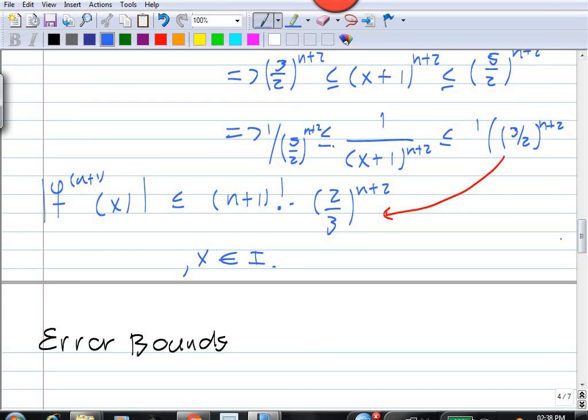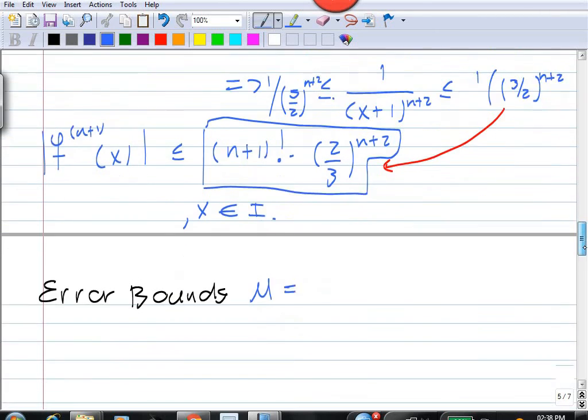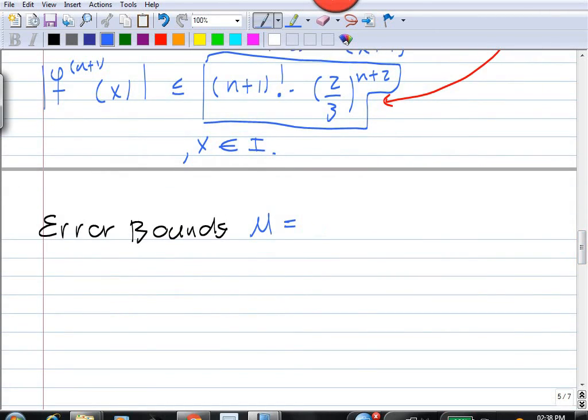So what is our M? That's our M. Our M is n plus 1 factorial times 2 over 3 to the n plus 2. So our error bound for x in our interval I, what is our error bound?